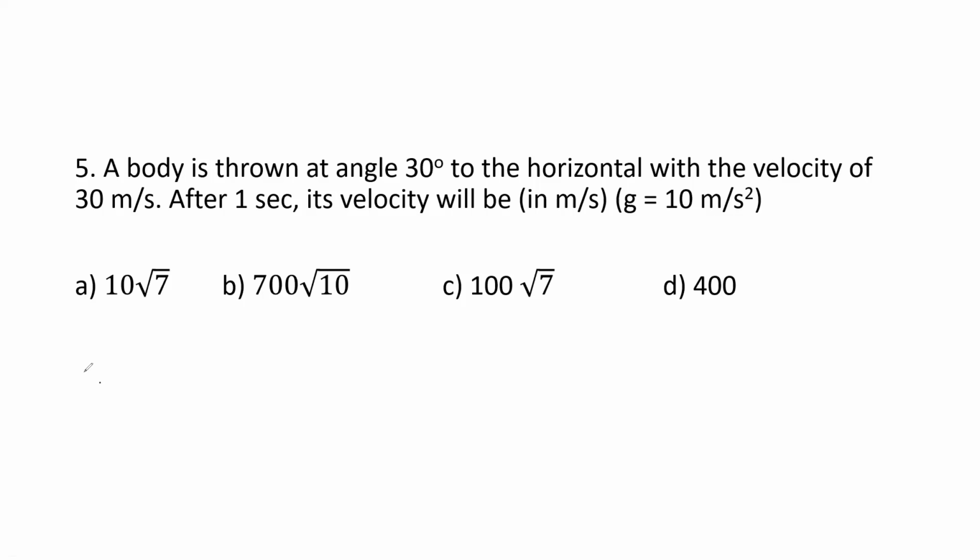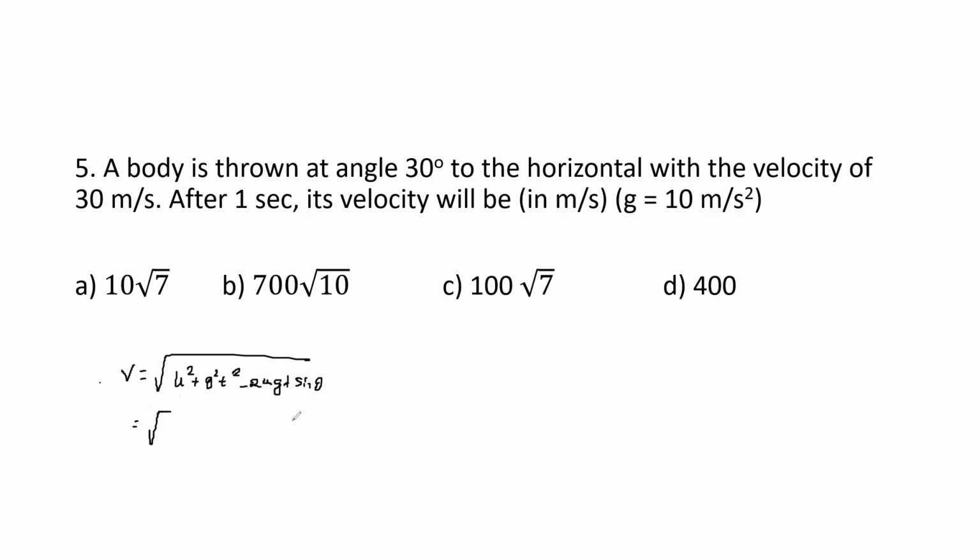So here we have the formula. Velocity of projectile at any instant is given by v is equal to square root of u square plus g square t square minus 2u gt sine theta.